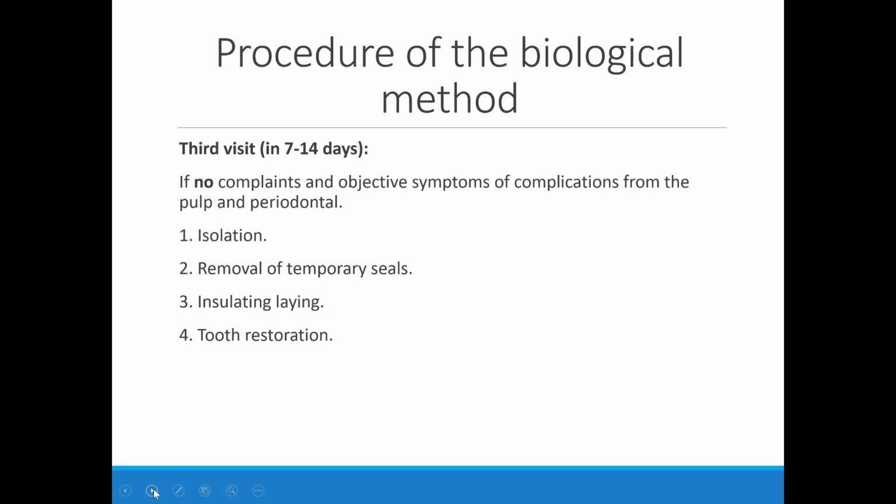If no complaints or objective symptoms of complication from the pulp and periodontium, we perform isolation, removal of temporary sealing, insulating lining, and tooth restoration. So for the biological method, we should have 3 visits, 3 appointments, and nowadays we use it very, very rarely.